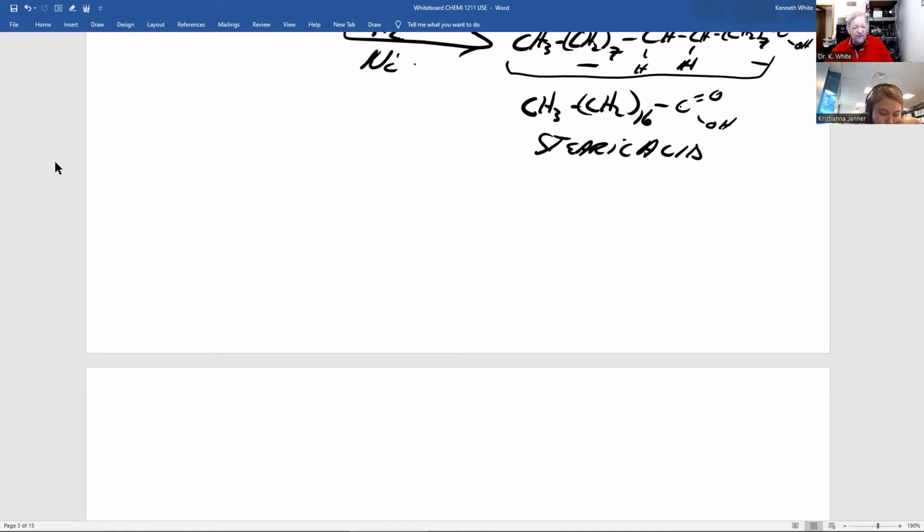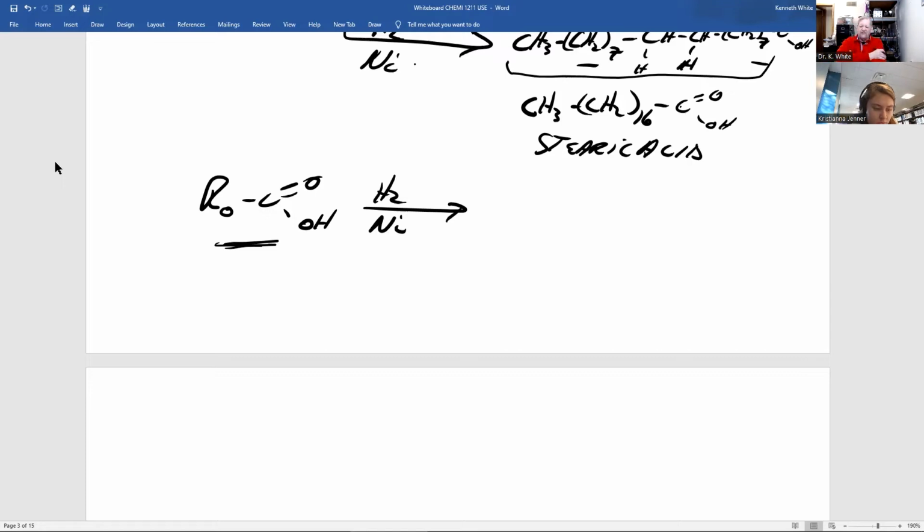All right, let's try another reaction. And here's another one for you to do. If you take this molecule, react it with hydrogen nickel catalyst, what do you get?